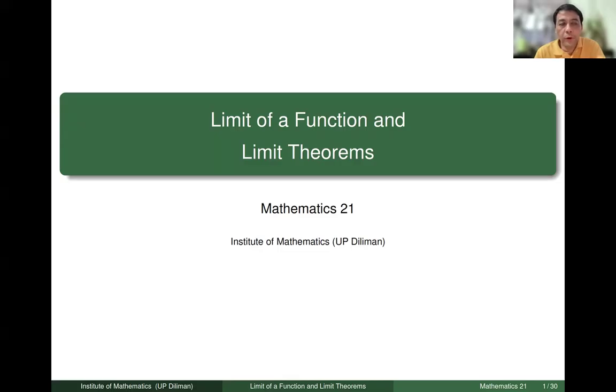When we speak of a function, we have a relation of two variables. You have x, and you also have the dependent variable y. If you fix a value for x, then you get a fixed value for y.